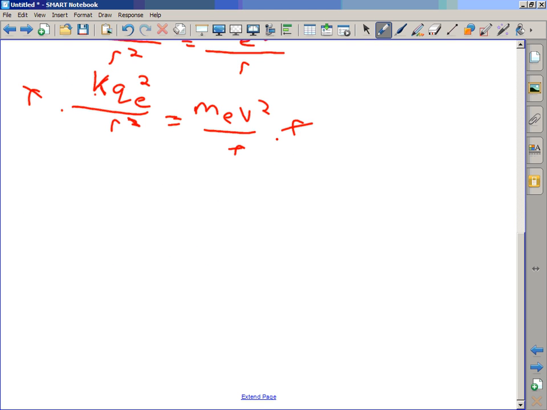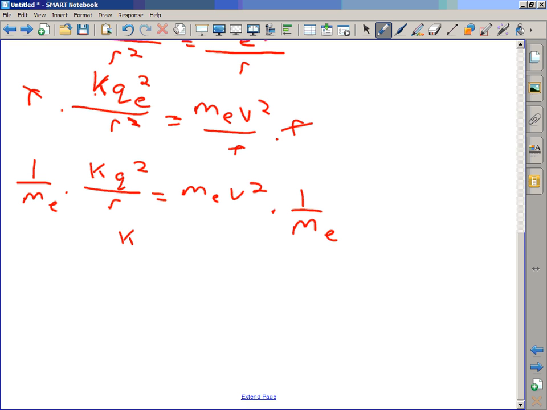So now I'm left with k Q squared over R equals the mass of the electron times velocity squared. And now you can see where I'm going with this, right? I'm going to divide both sides by the mass of the electron, and then square root it. I'll work it through: times 1 over m_e on both sides.